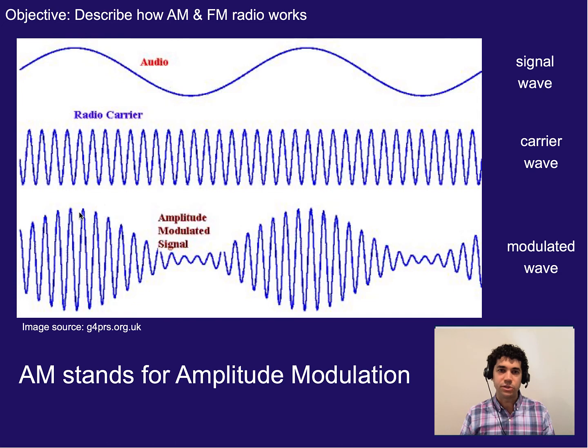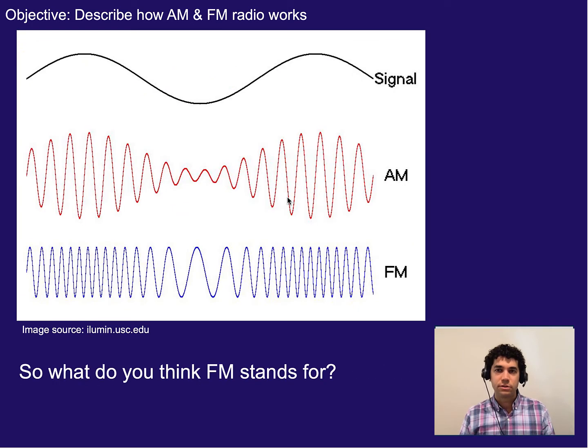Where the amplitude goes up here, the displacement of our signal wave goes up, and as the amplitude goes down, the displacement of our signal wave goes down. So that is what AM stands for. So think about it for a second. If we look at a similar signal wave and an AM wave, what do you think FM stands for?